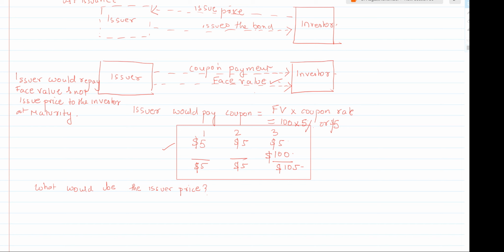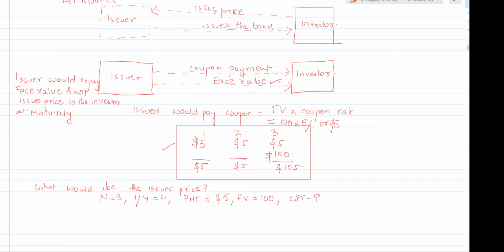So guys, let us calculate the present value of this, right? N is equal to 3, right? Market rate of interest at time of issuance is 4. So my I/Y would be 4, right? This bond would pay me a coupon of $5 every year. So my PMT or my annuity would be $5. Face value would be 100. Sorry, future value would be 100.